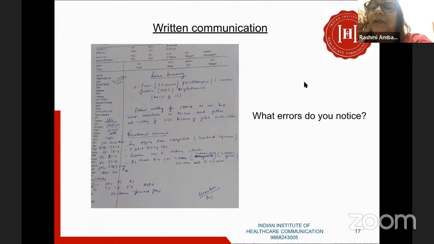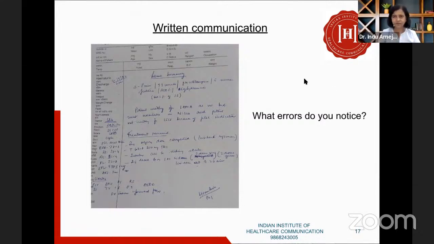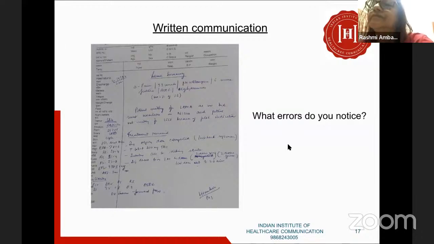It is not legible. Okay, that could be scroll-like handwriting. What do others say? Can't make head or tail of what is written.